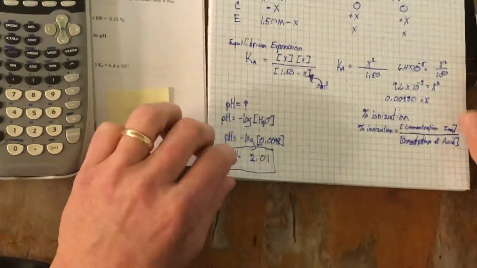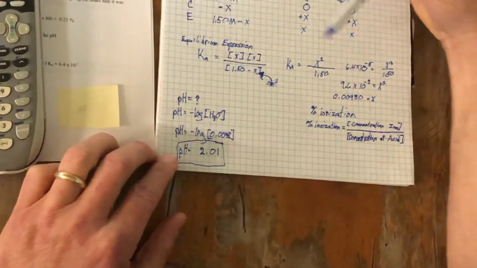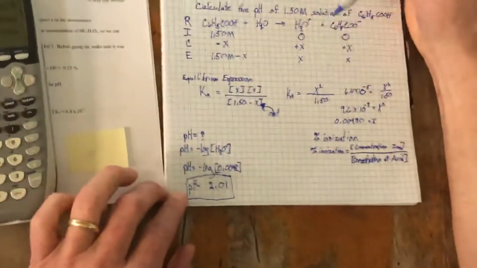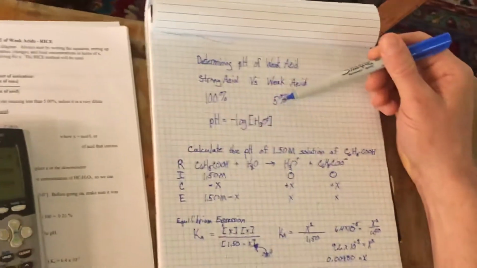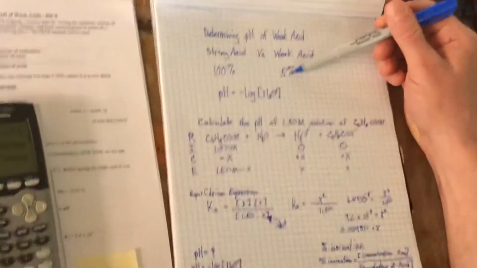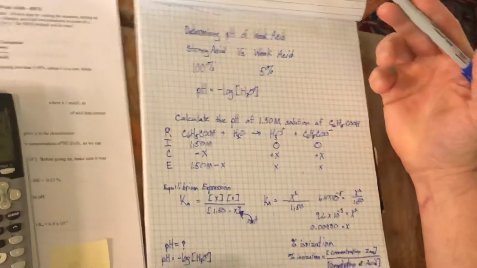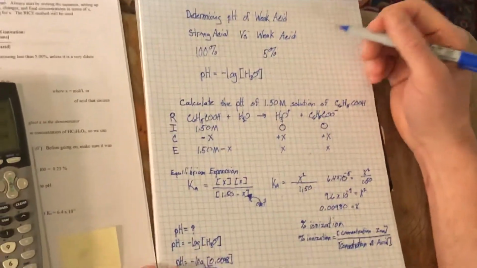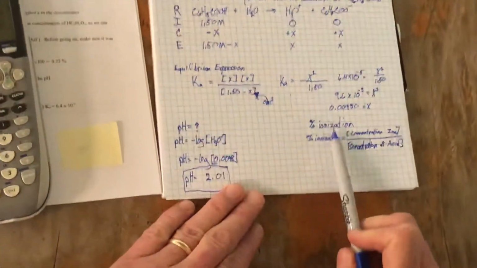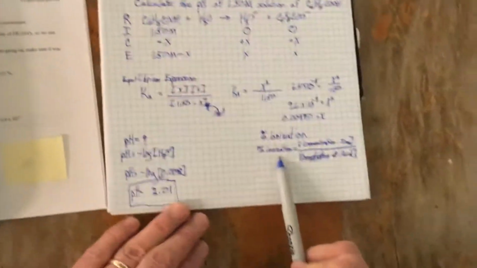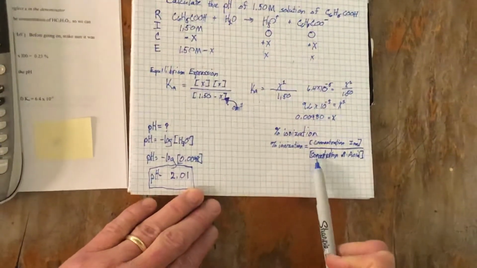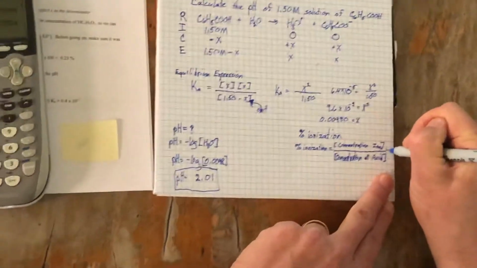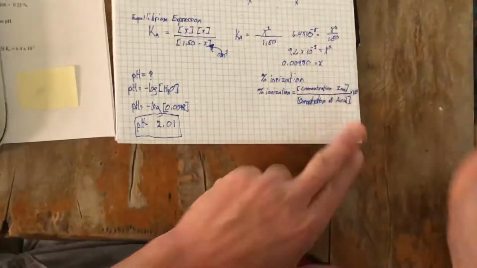Now, there's one last thing that I want to do. Remember I told you about this dissolving and not dissolving at 100% because it's a weak acid? We need to determine what it does dissolve at. What is the percentage? Well, percentages are always part divided by whole. So we come down here, and I've already written down the percent of ionization. Your percentage of ionization is equal to the concentration of the ions divided by the concentration of the acid, times 100.